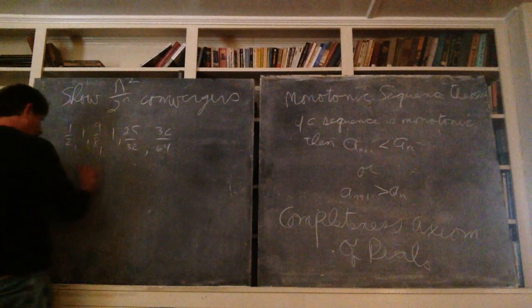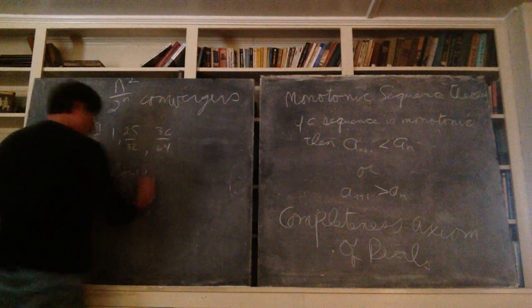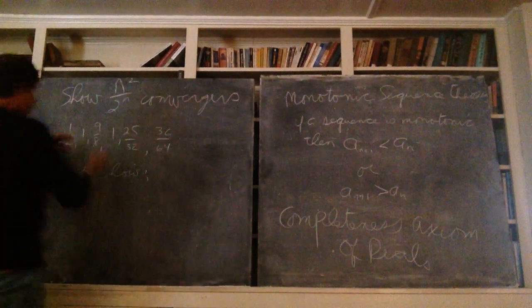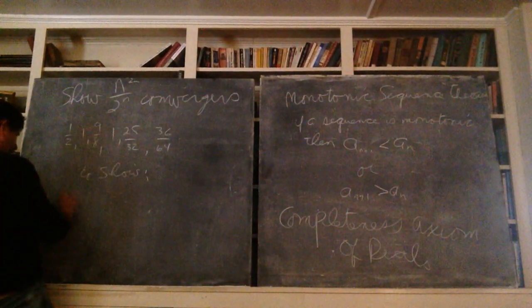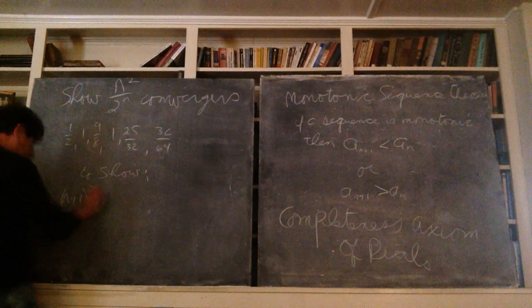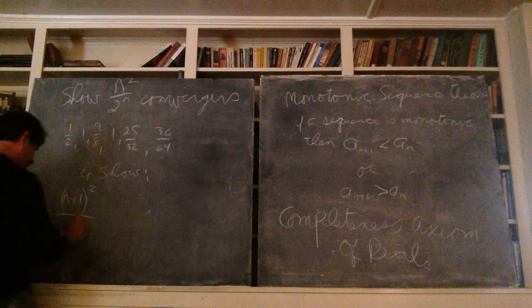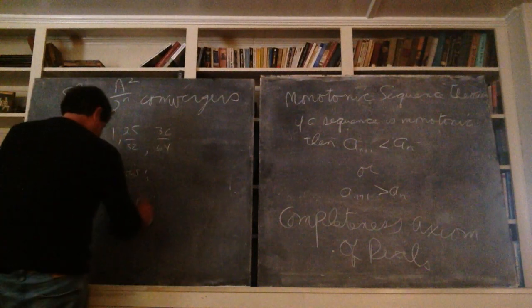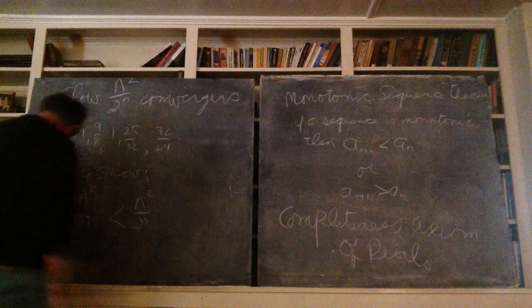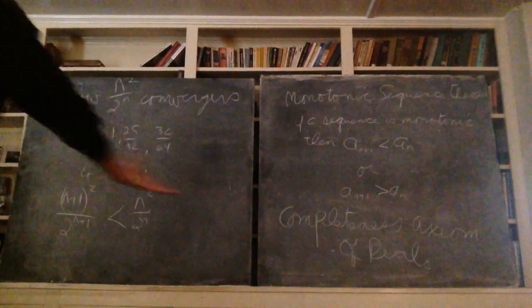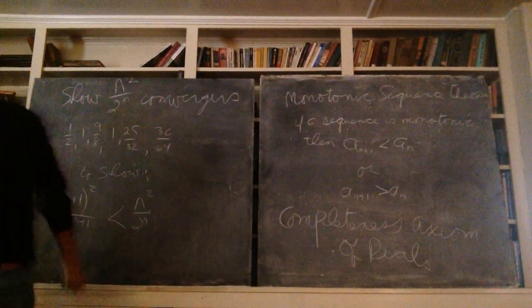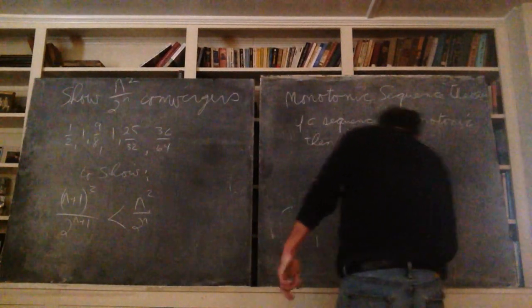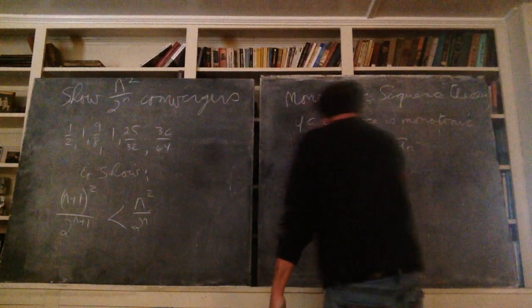And we're going to show that. We're just going to do an inequality. All we're saying is, this is decreasing, so the n plus 1 term has to be strictly less than the nth term. And that's the algebra. Now we're going to figure out an n for that algebra, and that'll show it.